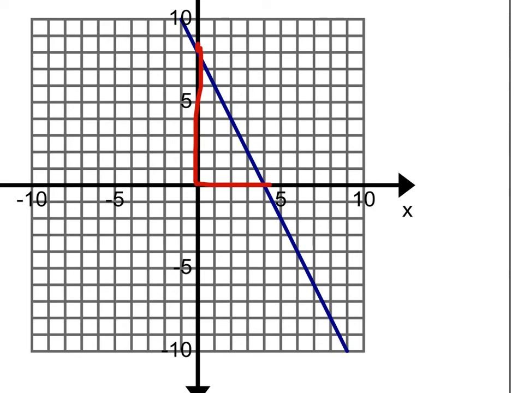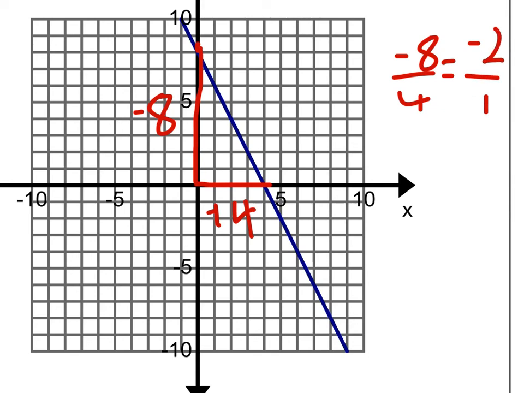So, for m, it's the slope, and it is -8 across 4. So it would be -8/4, which simplifies into -2/1, and that simplifies into just -2. So m equals -2.